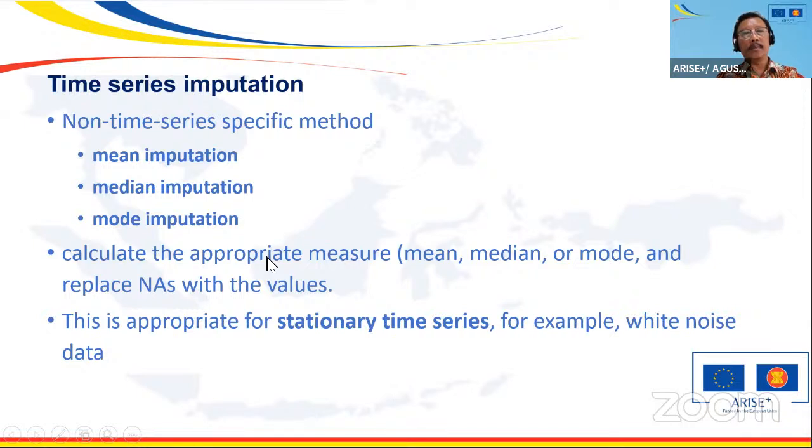This is still appropriate if the time series is already stationary or near stationary, because if you have a trend moving up and you only use the mean to impute some values, it may be up there or down here, and then it is not realistic. But if it is more or less stationary with little variation, then of course it still makes good sense.